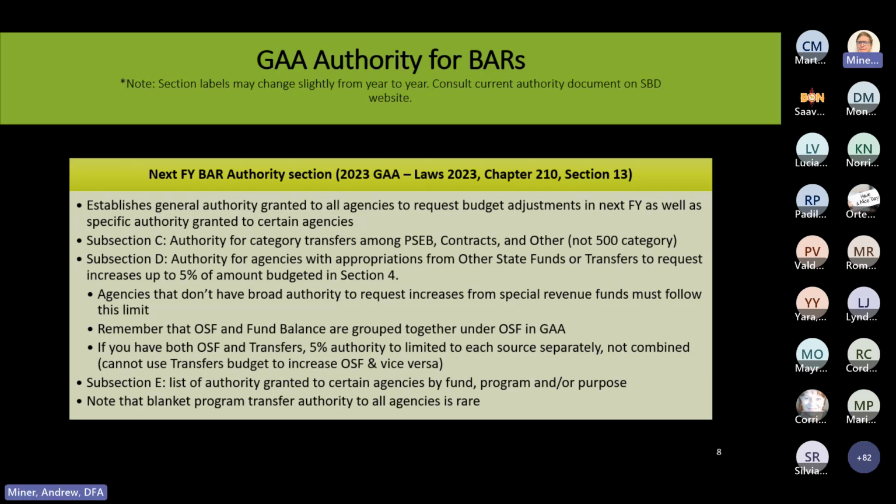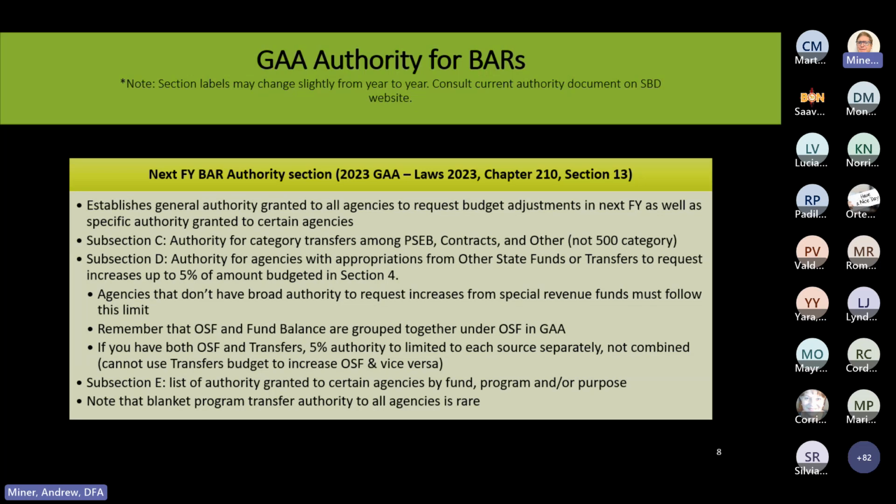Because again, that category is reserved for what we call non-reciprocal transfers, or just sending money to another agency, no strings attached. If an agency could do that and basically just say, we don't want this part of our budget for whatever reason, we're going to send it over to another agency, it would be like the executive branch making its own appropriation and giving free money to some other agency, right? So that's why the legislature doesn't allow that, unless they specifically say it's okay.